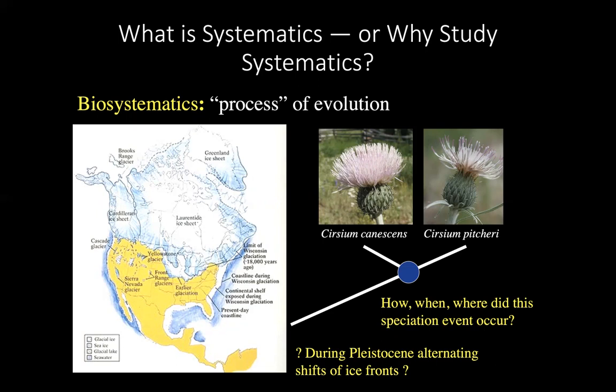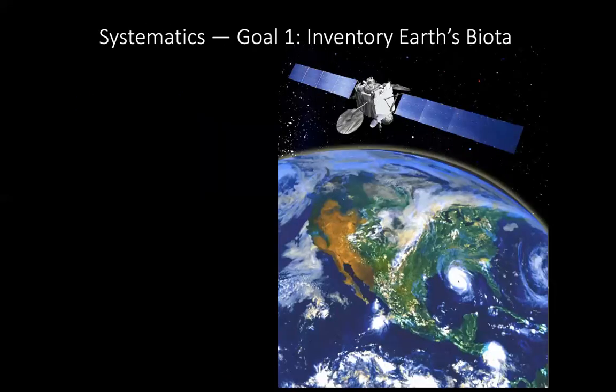Then when the glaciers retreated, enough time might have passed that they were now independent species. Okay. So just giving you a taste of some of the fun questions that you can ask within the broad field of systematics.